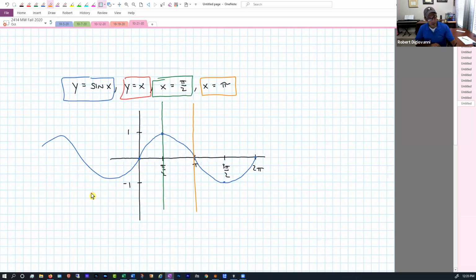Where is 1 on this graph? Where's 1 on the x-axis? So I guess what I'm saying is, what's pi divided by 2? It's a little bit bigger than 1, isn't it? Right, it's a little bit bigger than 1. So that means 1 is over here, isn't it? 1 is to the left of that. And so the identity function, y equals x, if I go to the right one, I should go up 1.